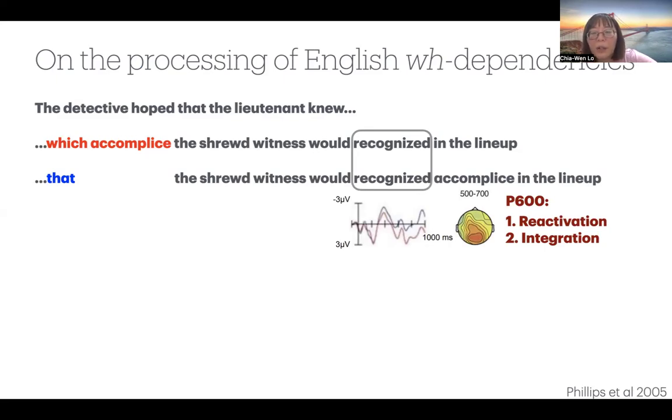In this plot, you will see the negativity is on the top, but the positivity is on the bottom. So they basically show that around 500 to 700 milliseconds, you can see the red line has a positivity compared to the blue line, the other sentence.